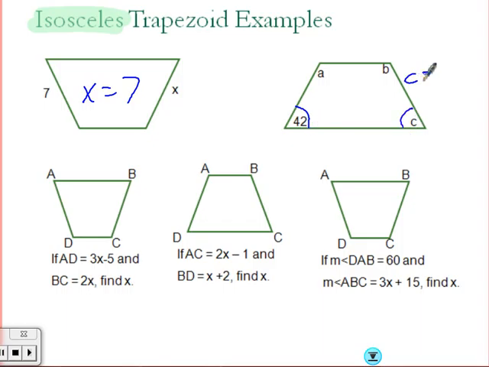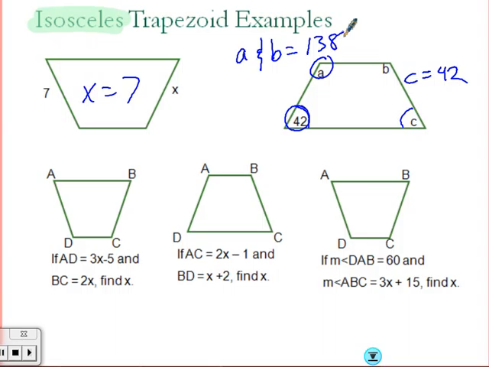So we know that C equals 42. And then we know from all trapezoids that these angles here, and here, are supplementary. And we know that A and B are the same. So we can say A and B equal 180 minus 42, which is 138. Very good.